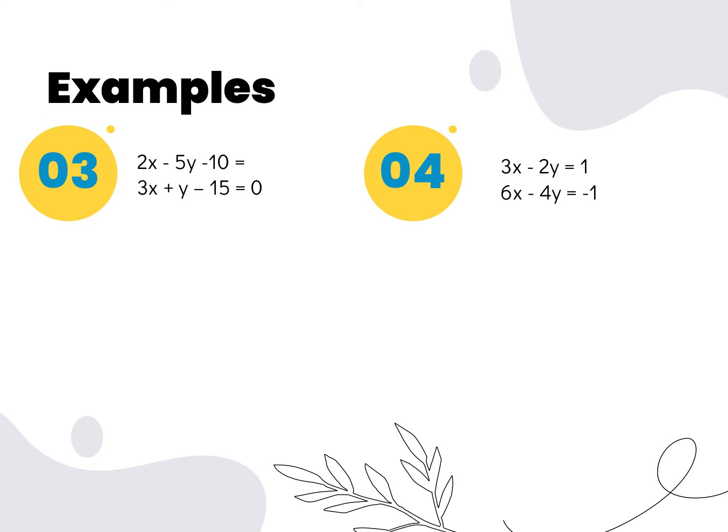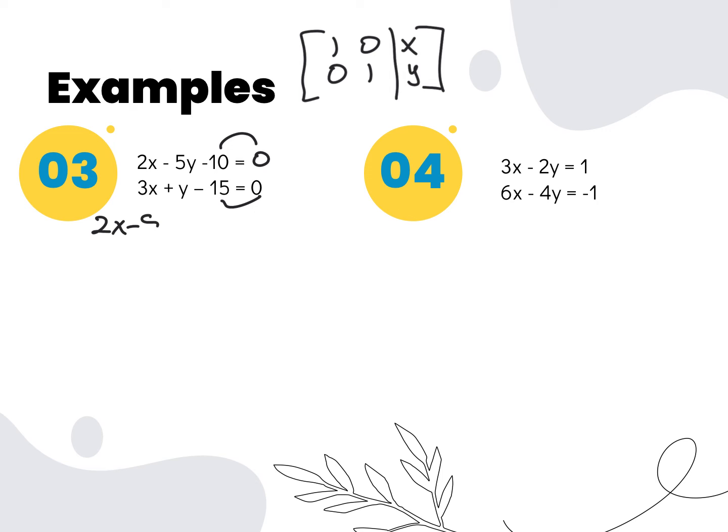Next, again, we need to set it up so it's the same way. We want to have the 1, the 0, the 1, the 0, and then what we end up with here is our x and our y. Now, it needs to be set up in this standard form. So I need to move, and this is missing a 0, I need to move the 10 over and the 15 over.